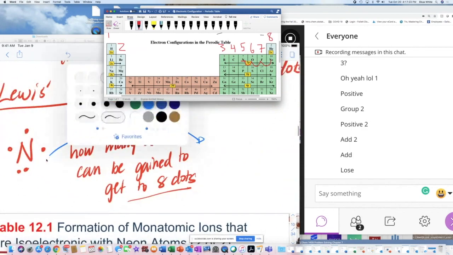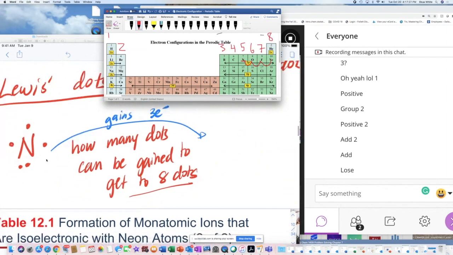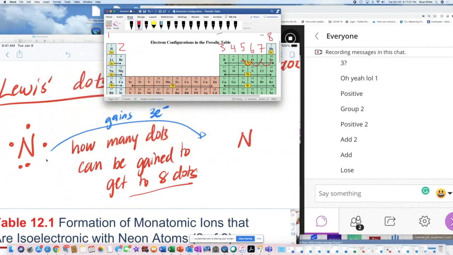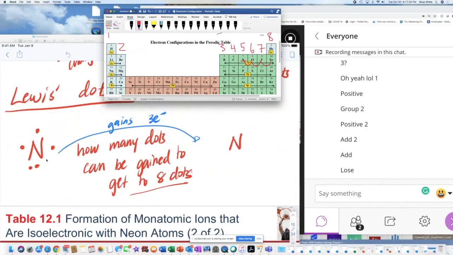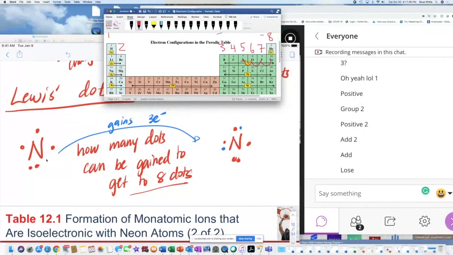Now what we end up having is the original nitrogen. Let me draw it in red so you can see the difference. After gaining 3 dots, it looks like this, 3 blue dots. It now looks like this, okay? Once again, I'm trying to be consistent.